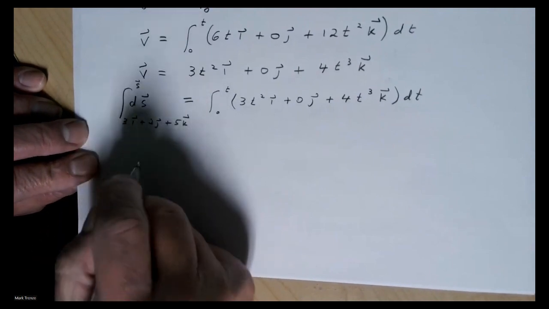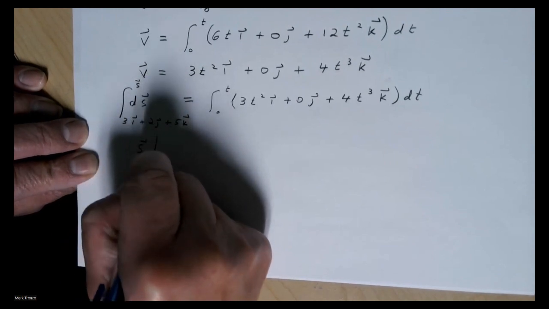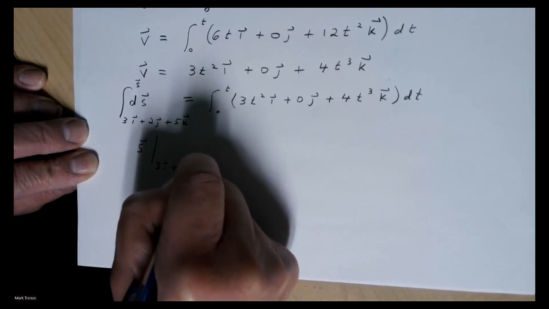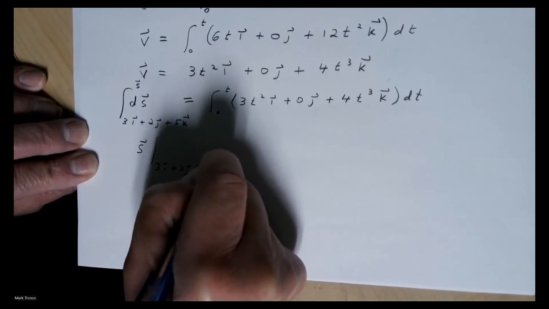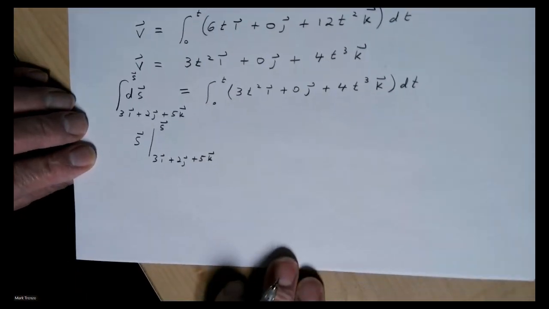And on the left-hand side, we'll have an S, and our lower bound will be 3I plus 2J plus 5K up to S like this.